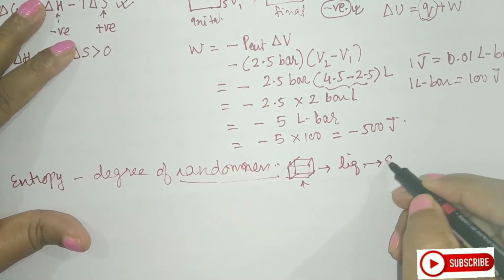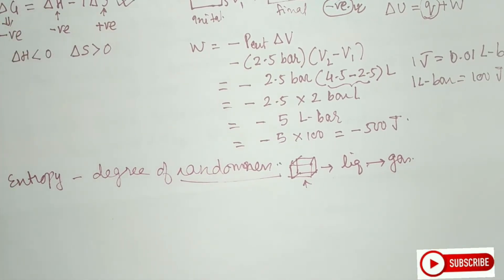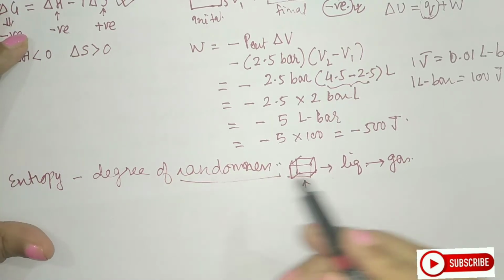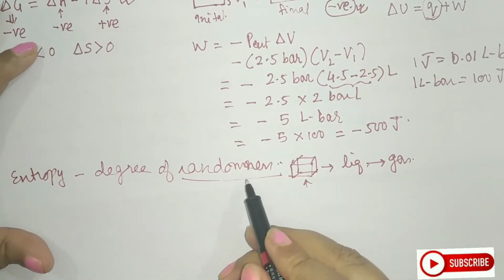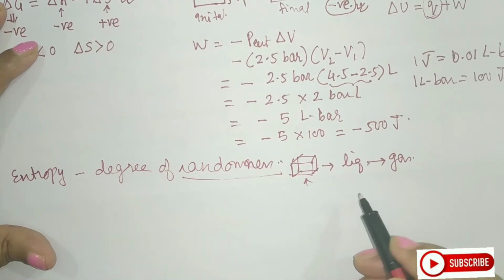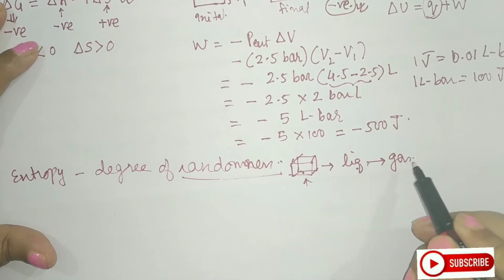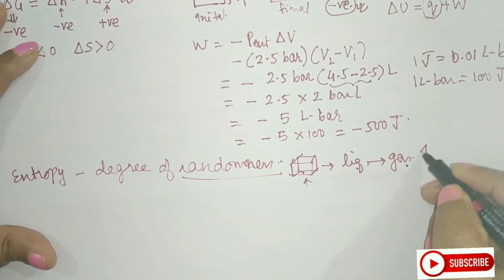Further heating gives me gas. Now the particles are moving apart, which means the degree of randomness will increase. So when the phase changes from solid to liquid to gas, the entropy of the system will increase.